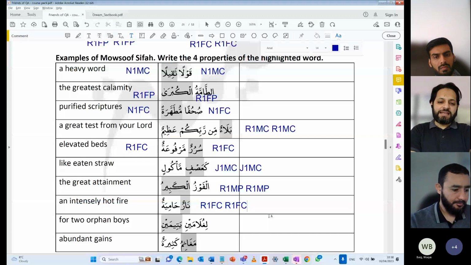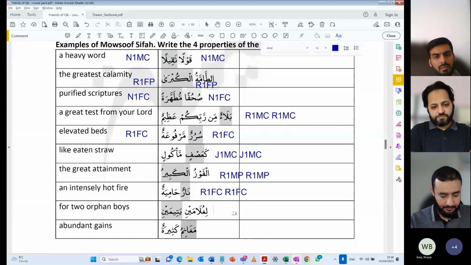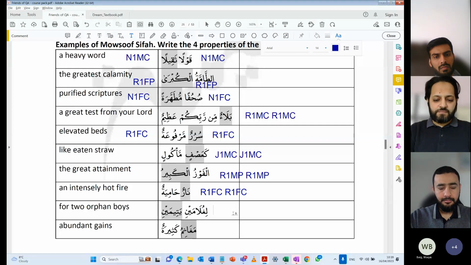Lighulamayni yatimayni, two orphan boys. Okay. Nasab or jar. Pair. Masculine. Common. Right. And both would be the same.